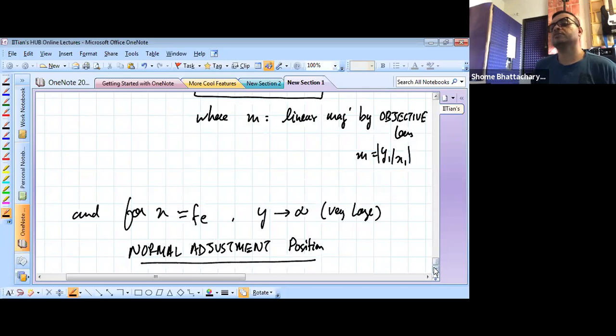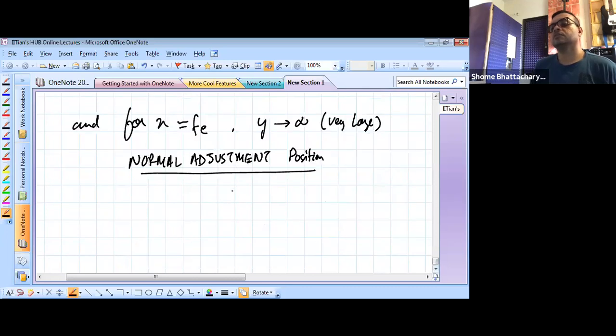In the normal adjustment position, the magnification becomes this much, where x is the focal length of the eyepiece.